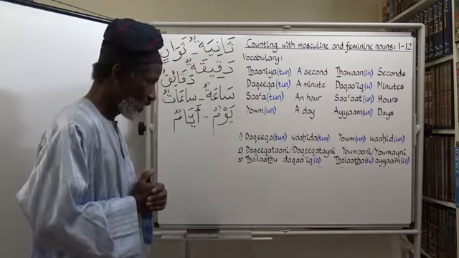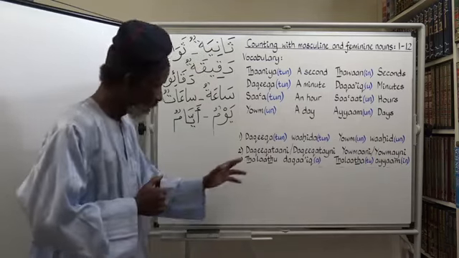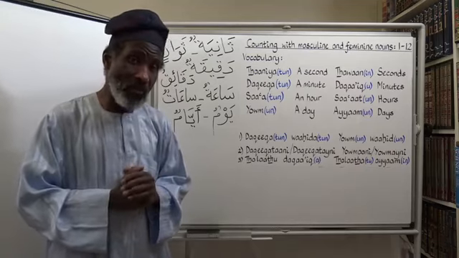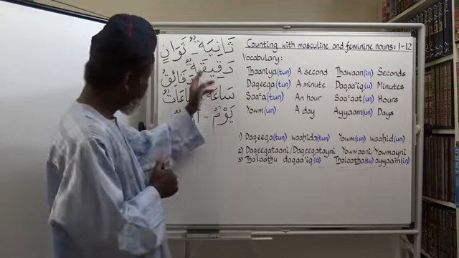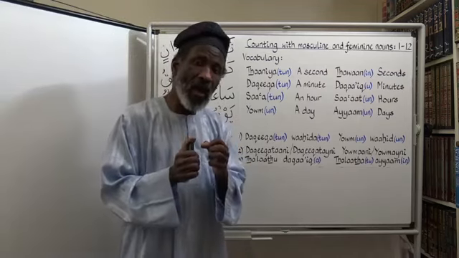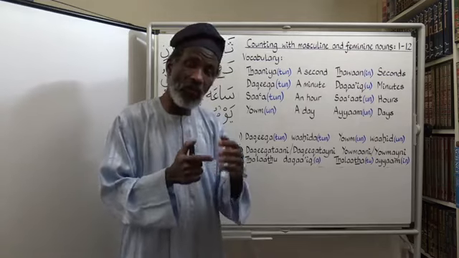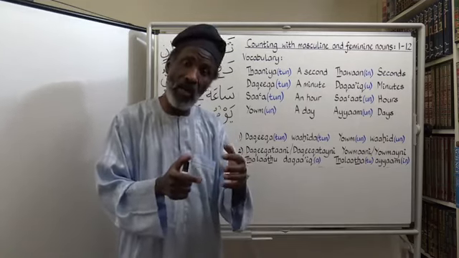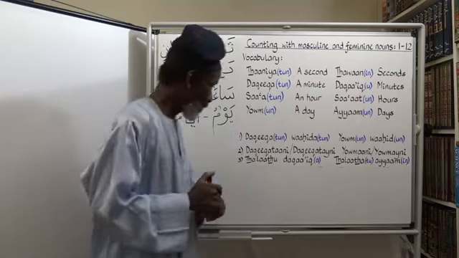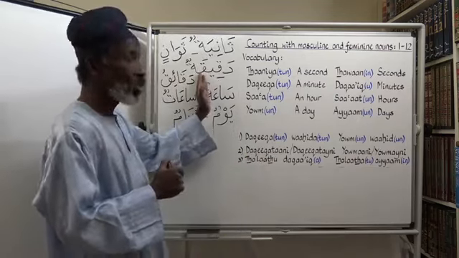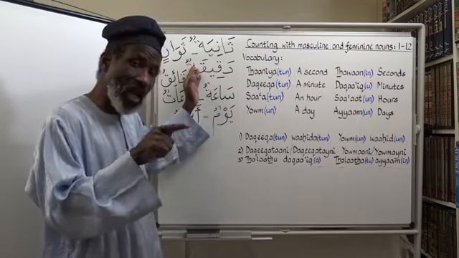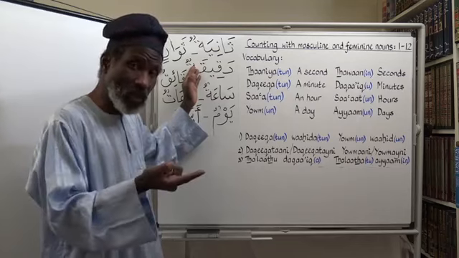Now, let's have a look at number 3. If you want to say 3 minutes, because minutes is feminine, you have to choose the male version of number 3. Because daqiqatun, minutes, is regarded as a feminine word in Arabic.